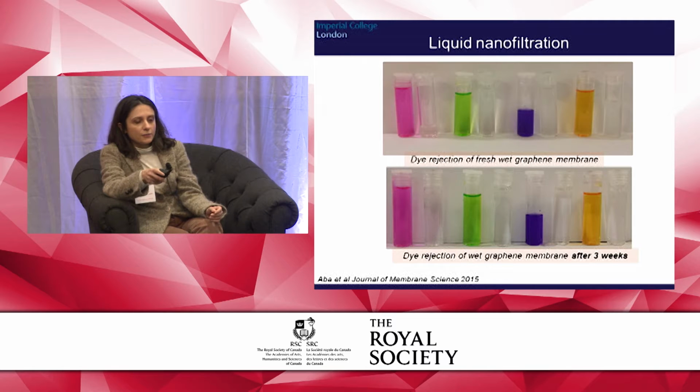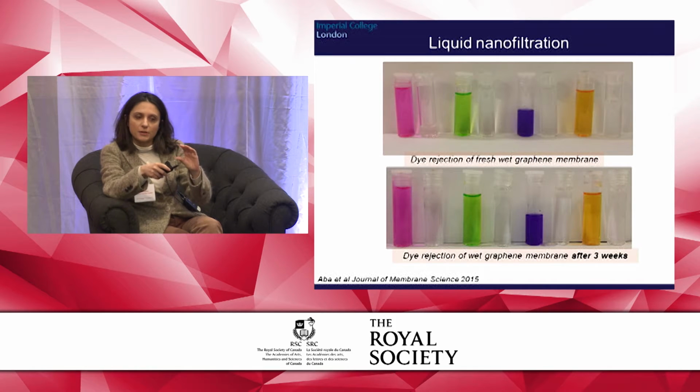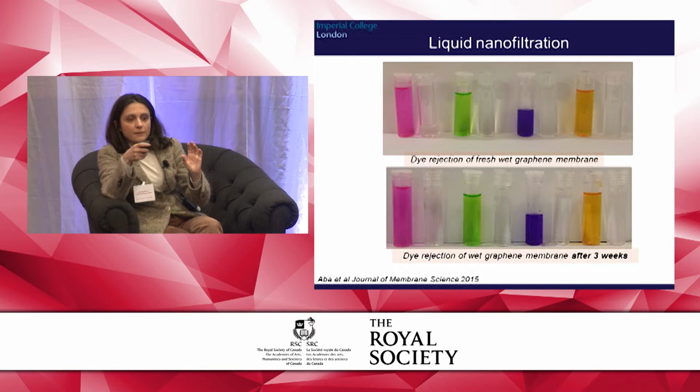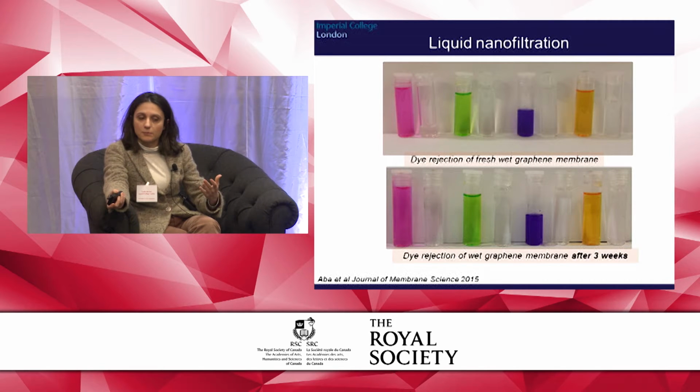On the left-hand side, we have the liquid that we filtered through the graphene membranes, and on the right-hand side, the liquid before filtering. We see that the liquid which has been filtered through the graphene membranes is actually transparent. So graphene can retain all these molecules very efficiently. And those membranes are very stable. We can run them for weeks, and they are perfectly stable.